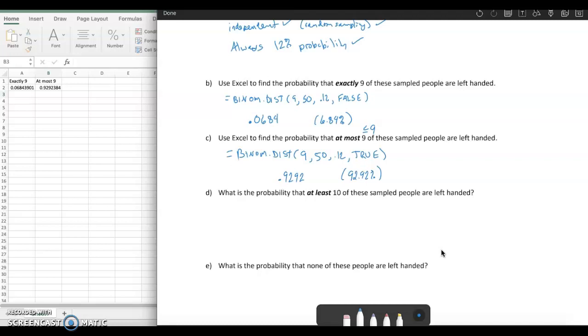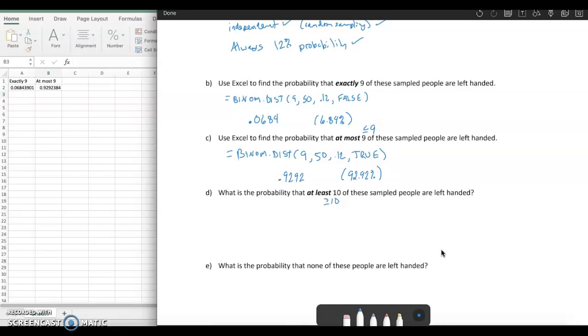What's the probability that at least 10 of these people are left-handed? So at least 10 is the same as saying greater than or equal to 10. Now the trick in Excel is that it won't do greater than or greater than or equal to. So you have to do a less than, and then you have to subtract.